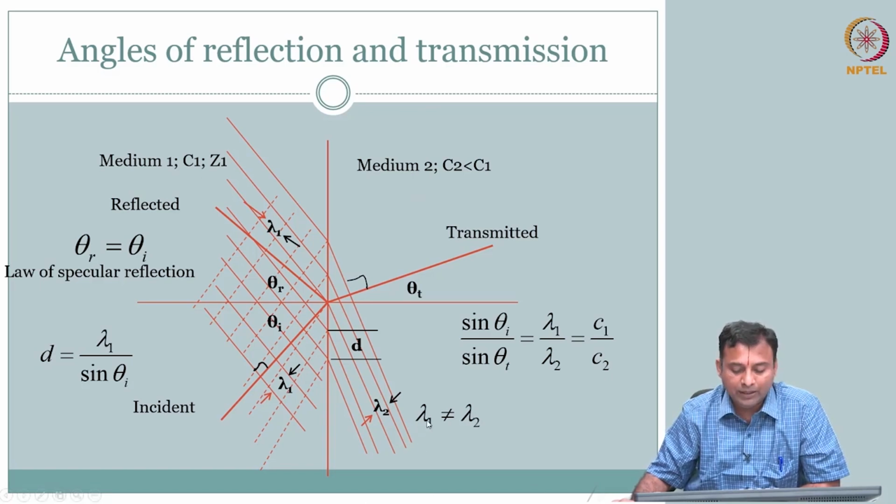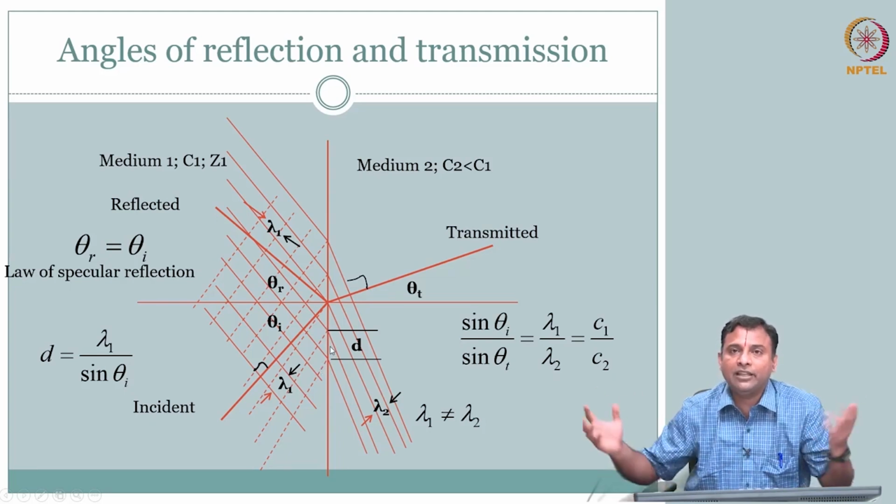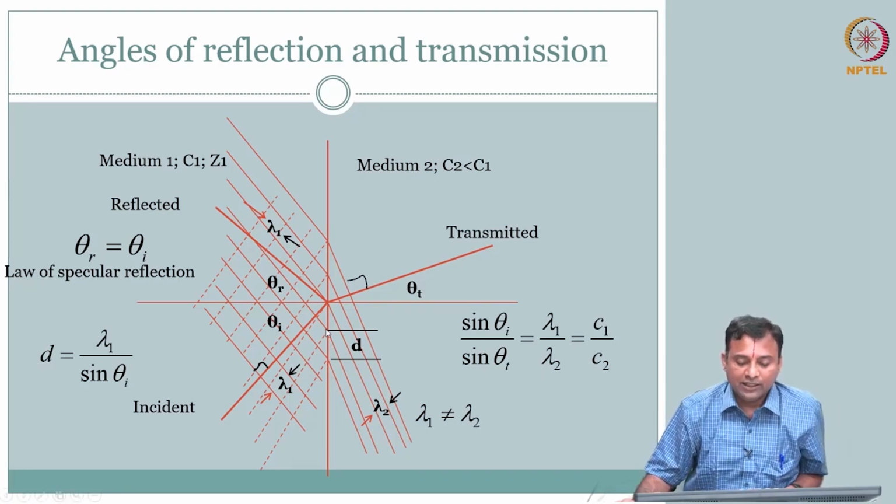So lambda 1 is not equal to lambda 2. However, at the boundary, the interface of the two mediums, it has to match, otherwise the interface will give way. So this has to match, and therefore what you can get is this relationship.